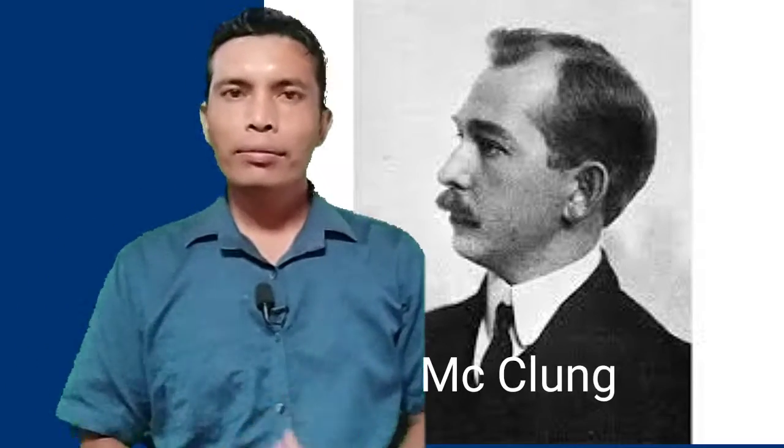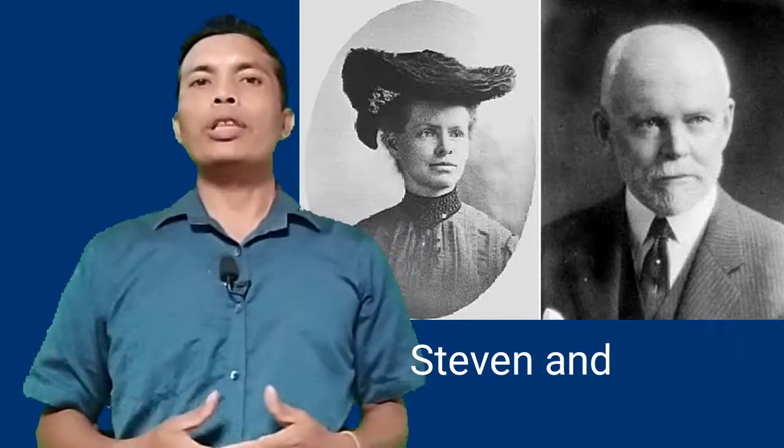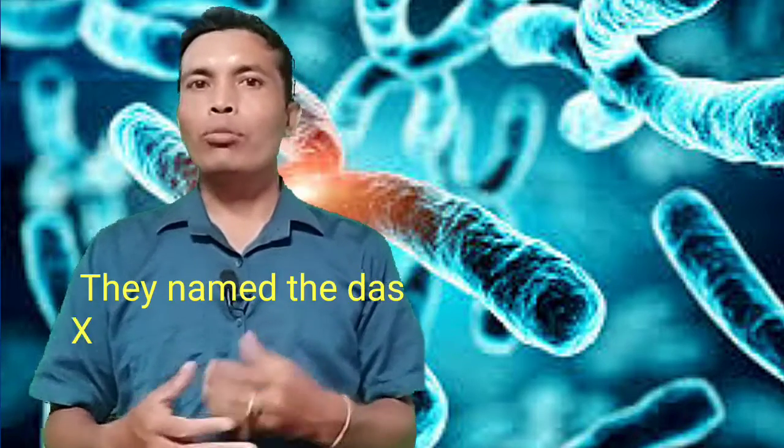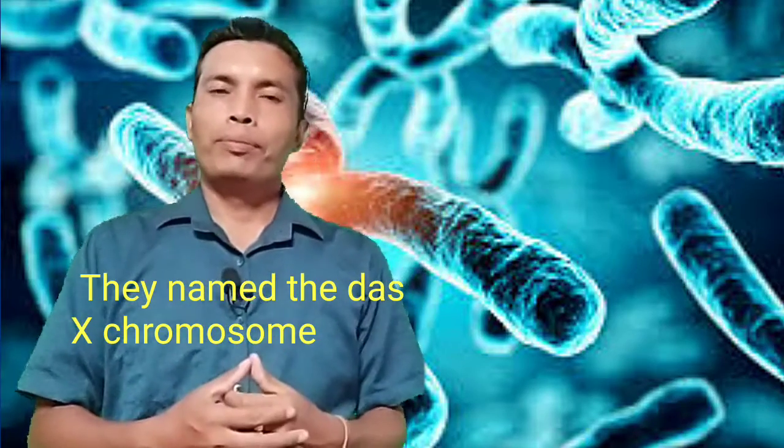When Hermann Henking carried out experiments on fireflies, he discovered the X body. Further investigation by other scientists, Stevens and Wilson, led to the conclusion that the X body of Henking was in fact a chromosome, and they named the X body as X chromosome.